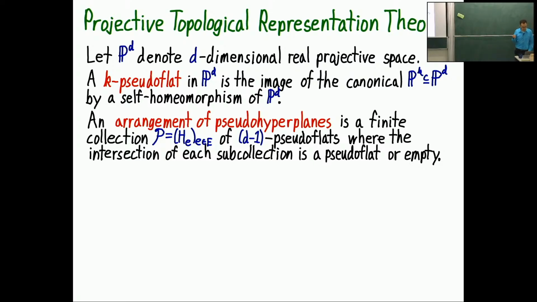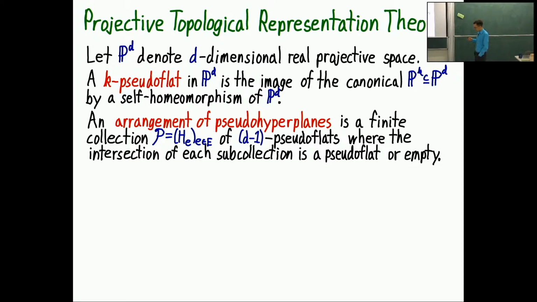So I can't have two pseudolines, for example, intersect in 2 points in the projective plane.